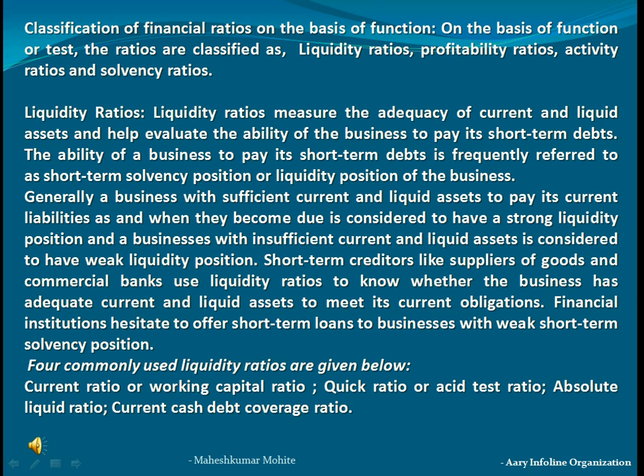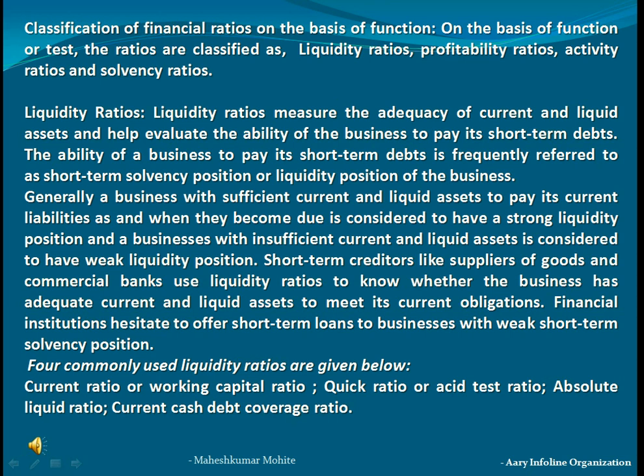Generally, a business with sufficient current and liquid assets to pay its current liabilities as and when they become due is considered to have a strong liquidity position, and a business with insufficient current and liquid assets is considered to have weak liquidity position. Short-term creditors like suppliers of goods and commercial banks use liquidity ratios to know whether the business has adequate current and liquid assets to meet its current obligations.